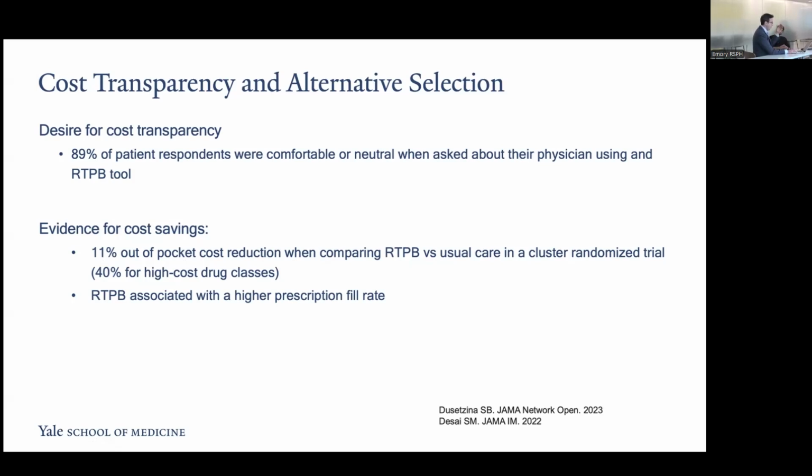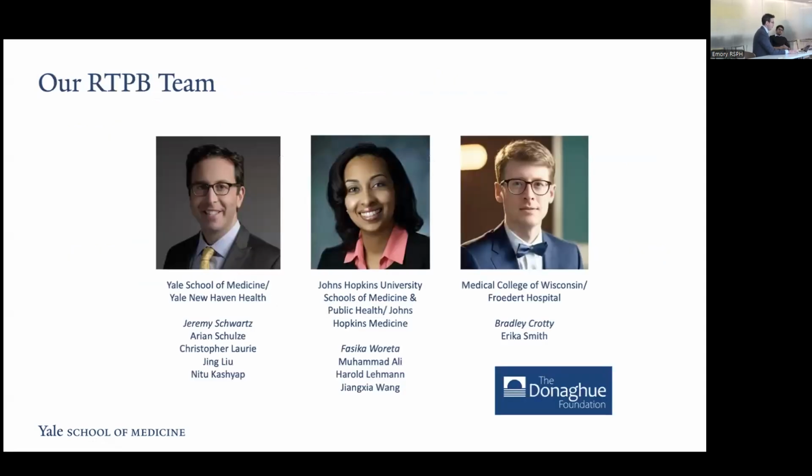The savings were higher for higher cost drug classes. And importantly, we talked about non-adherence, or the primary non-adherence. If I prescribe a medicine and you don't even pay for it because the cost is so high, right? This study showed that these tools were associated with a higher prescription fill rate.